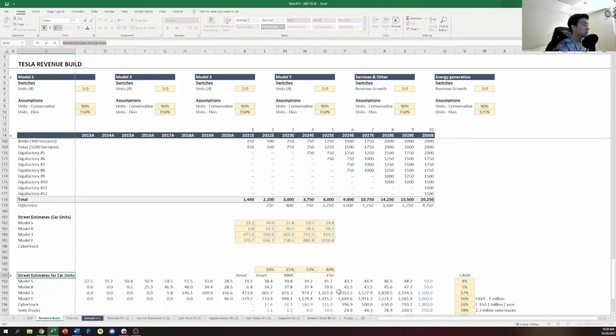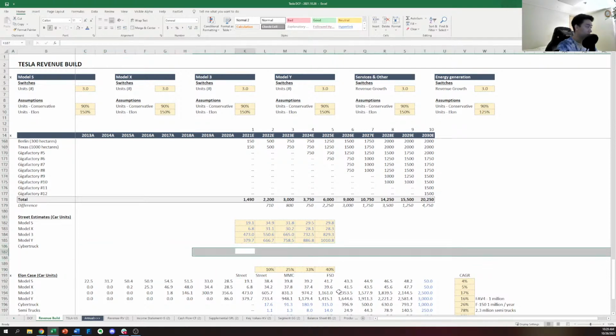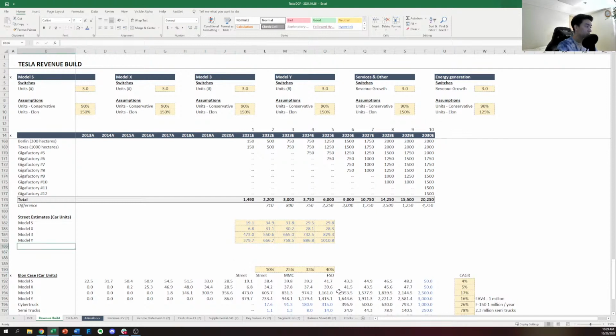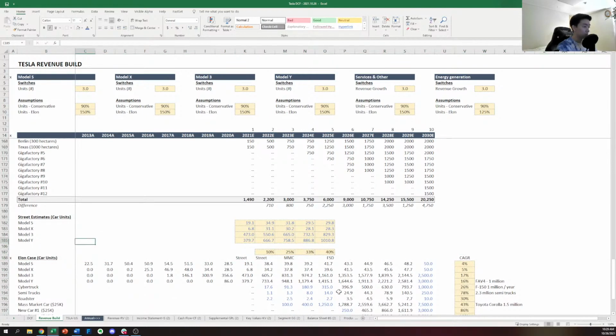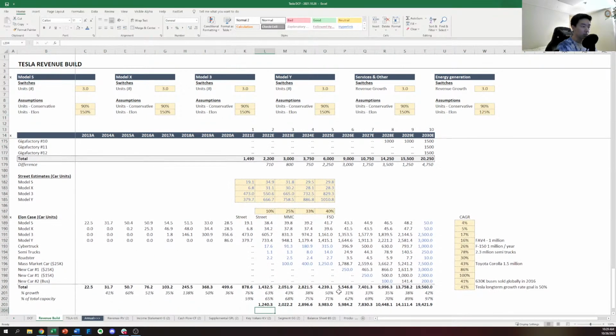And then this one is Elon case car units. Okay, this is messy, but we'll leave it as is. Clean it up later.